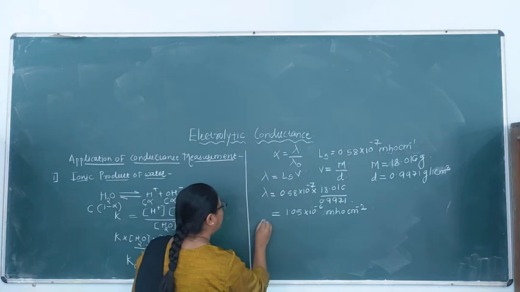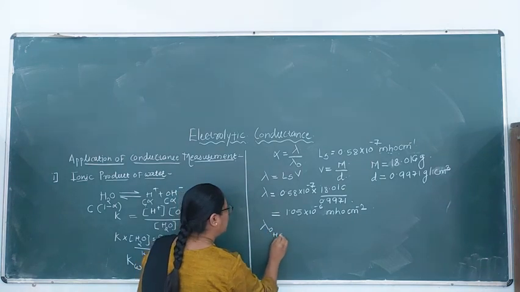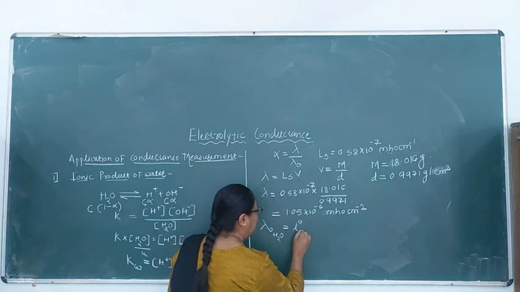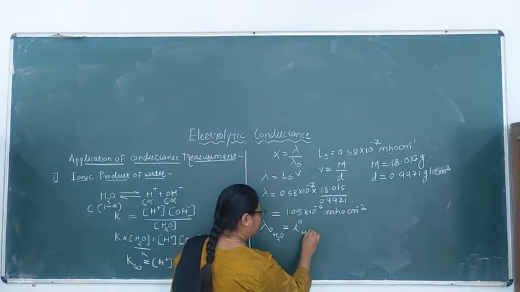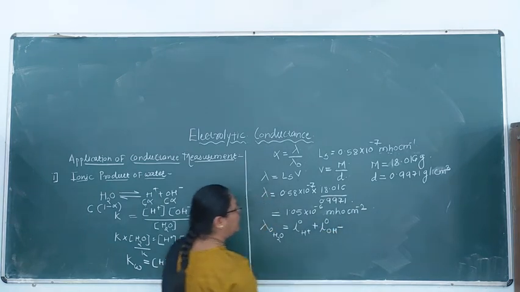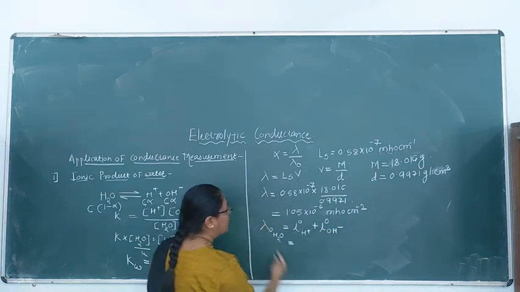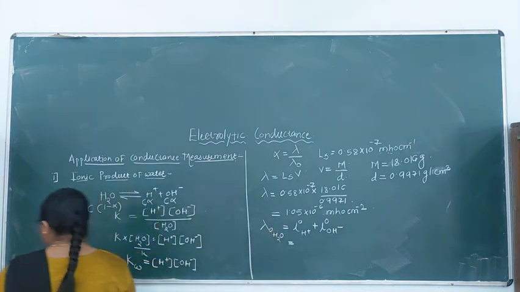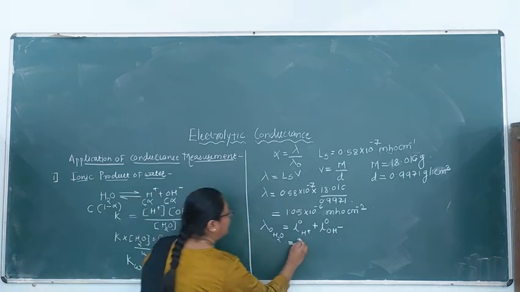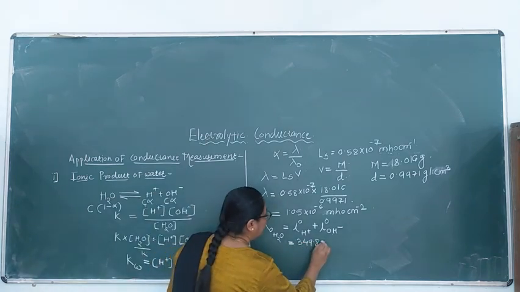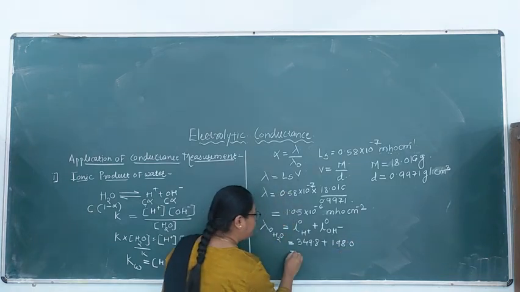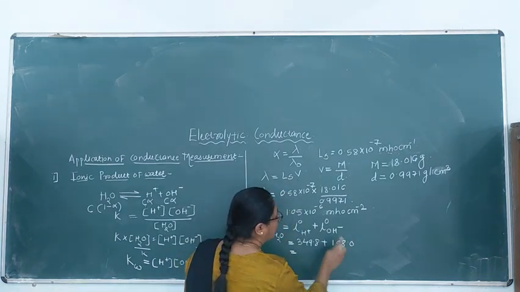Now how to find out lambda 0 for water? From the Kohlrausch law, we can write this as the ionic conductivity of H plus at infinite dilution plus the ionic conductivity of hydroxyl ions. If we know these values, we can calculate lambda 0. The ionic conductivity of H plus at infinite dilution is 349.8, plus the ionic conductivity at infinite dilution of the hydroxyl ion is 198.